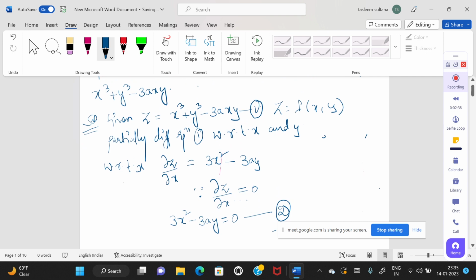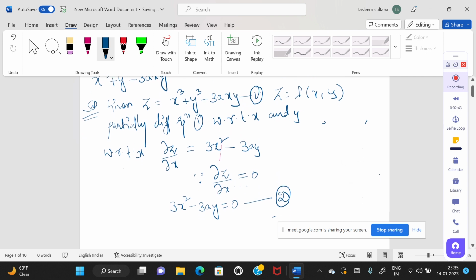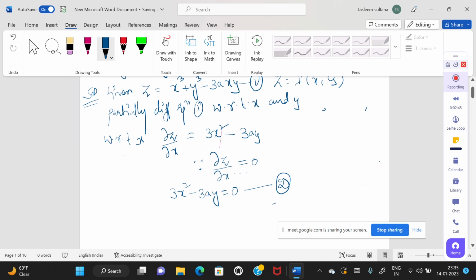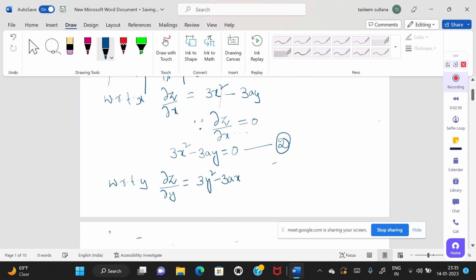Now the same equation we have to partially differentiate with respect to y. Dou z by dou y is equal to 3y square minus 3ax.